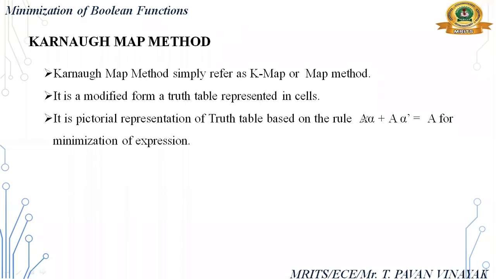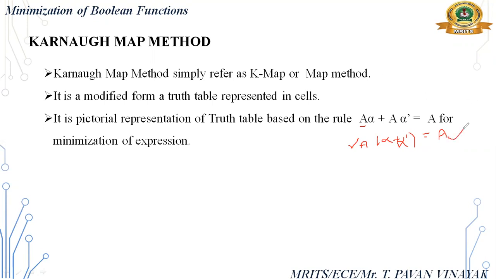Meaning if you take a common, what happens? Alpha plus alpha bar is equal to 1, and 1 into a is a. This is the main rule used in K-map.